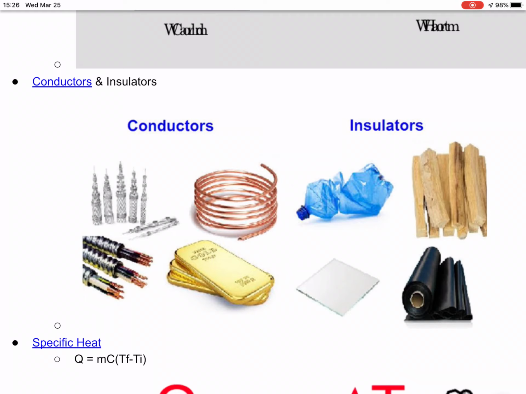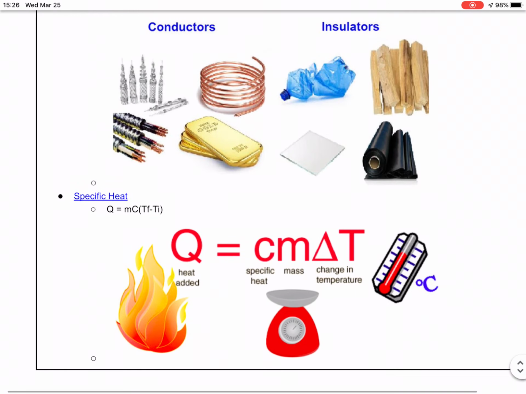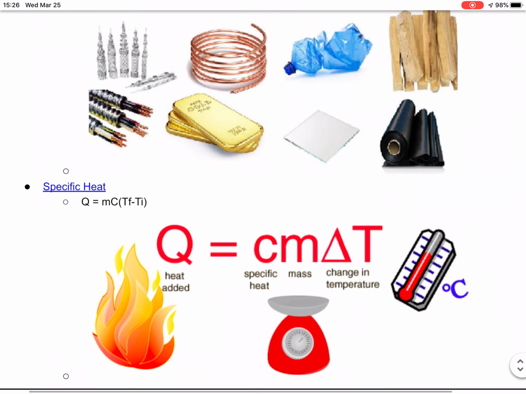Most of you are going to say the 2x4 because it is not going to heat up as fast. Wood is an insulator and absorbs heat without changing temperature as much. Conductors, like pieces of metal, do a really good job of taking the energy and transferring it along.